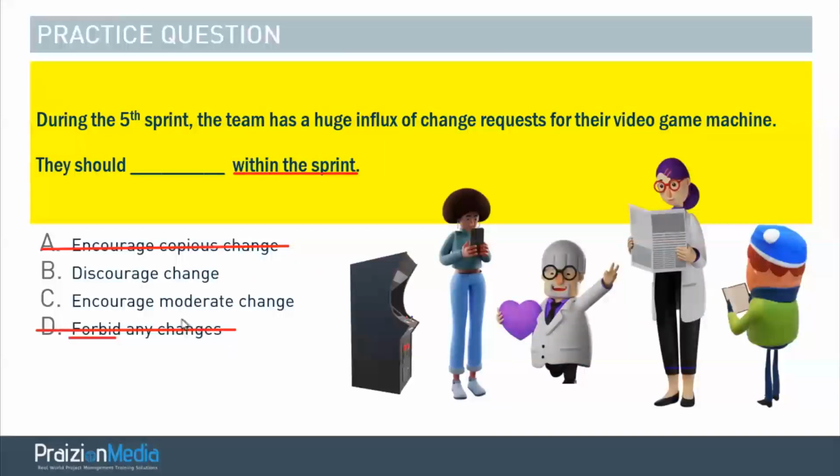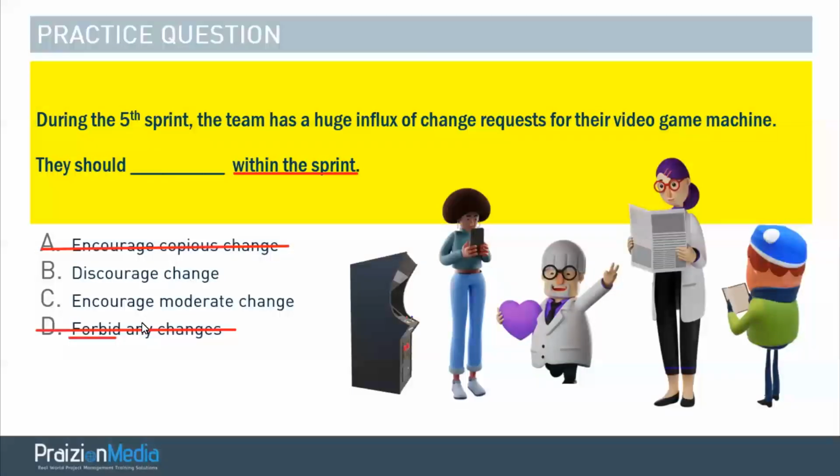Encourage moderate change. Now think about it. Within the sprint, what have you done? Remember, the sprint is a container, and the very first thing you do within the sprint is you do the planning of the sprint. So in sprint planning, what do you do? You have the courage to make commitments to getting the work done. And there's certain things that you say you will get done and other team members say they will get done.